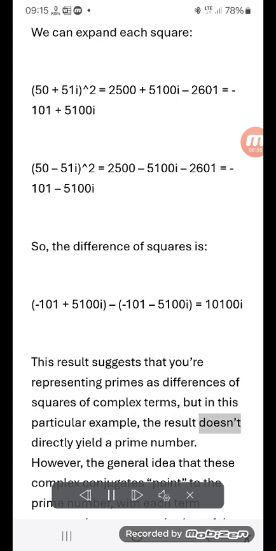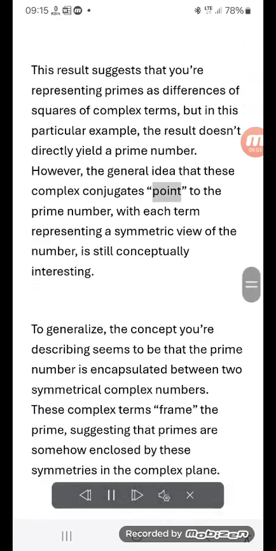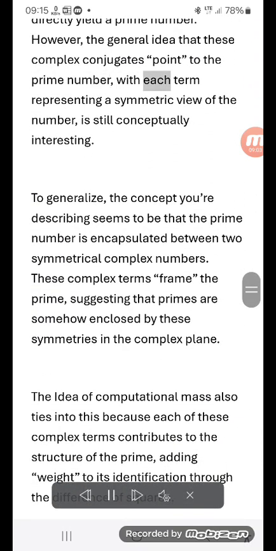This result suggests that you're representing primes as differences of squares of complex terms, but in this particular example, the result doesn't directly yield a prime number. However, the general idea that these complex conjugates point to the prime number, with each term representing a symmetric view of the number, is still conceptually interesting. To generalize, the concept you're describing seems to be that the prime number is encapsulated between two symmetrical complex numbers. These complex terms frame the prime, suggesting that primes are somehow enclosed by these symmetries in the complex plane.